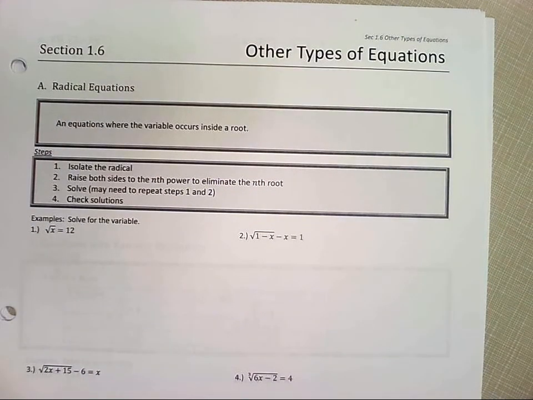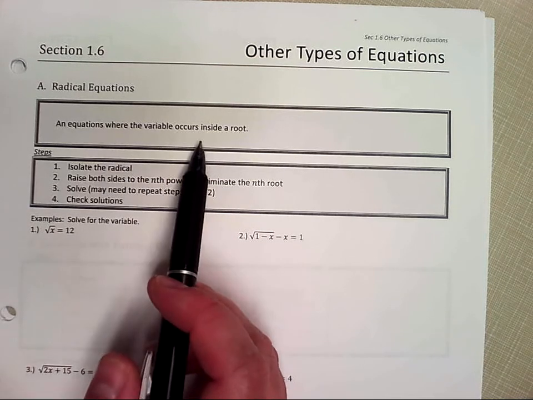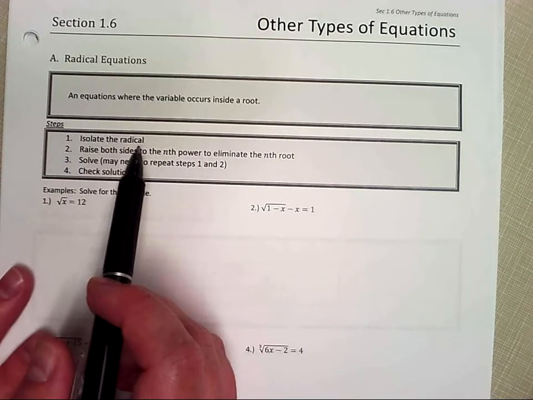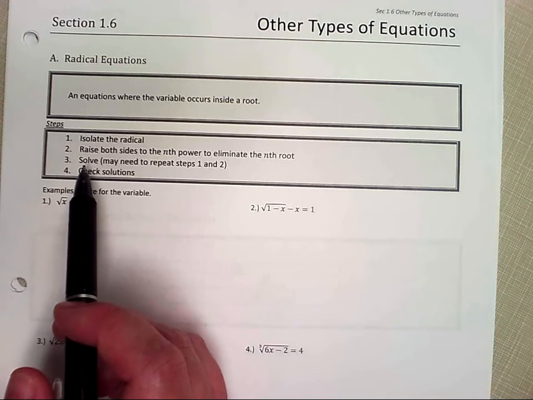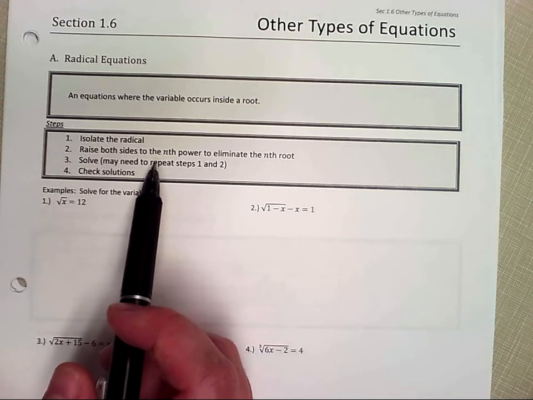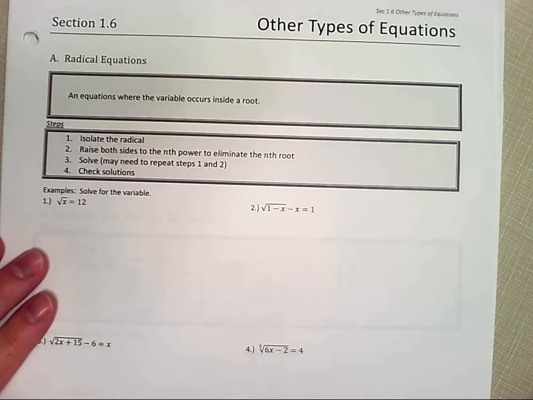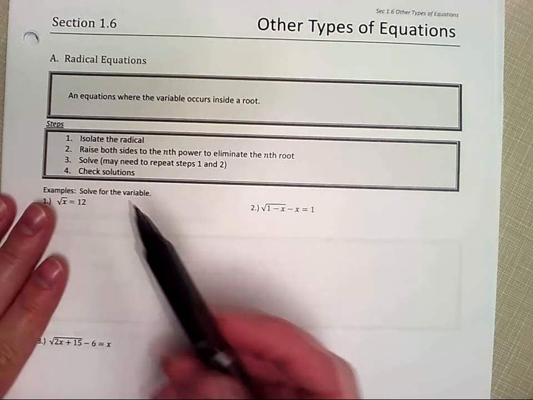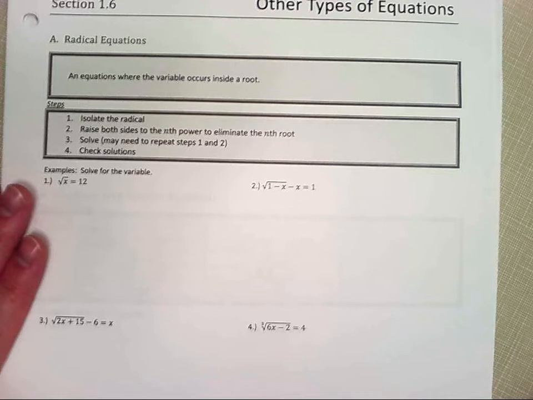Here we have radical equations, an equation where the variable occurs inside a root. The steps to solving are: isolate the radical, raise both sides to the nth power to eliminate the nth root, and then solve and check the solutions. You may need to repeat steps 1 and 2.